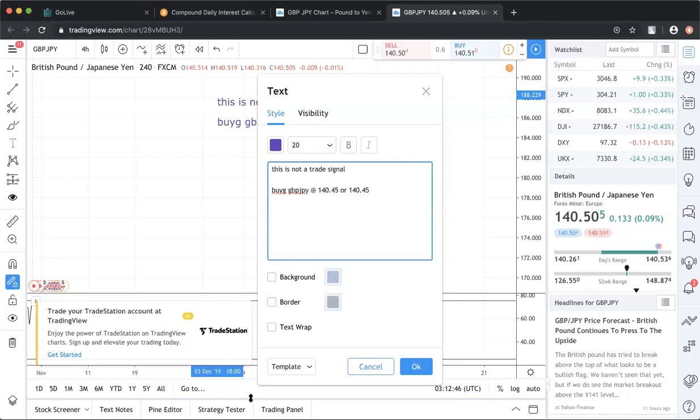But what we focus on is whole numbers. So pipettes are used to calculate those whole numbers. It's like the difference of a dollar versus a penny, if you compare it to currency. So pipettes, you don't really focus on; they're used to calculate whole pips.